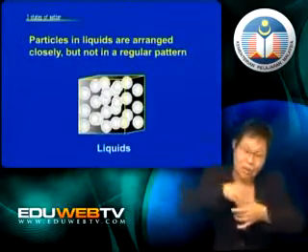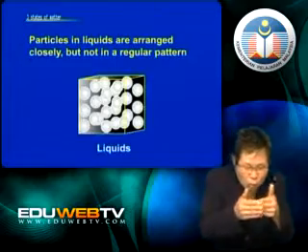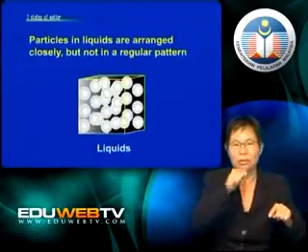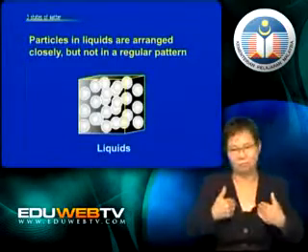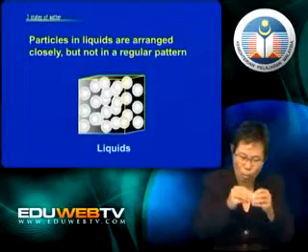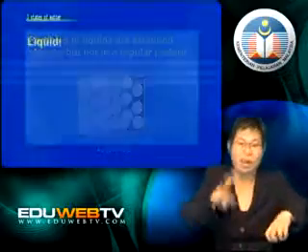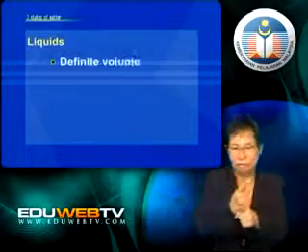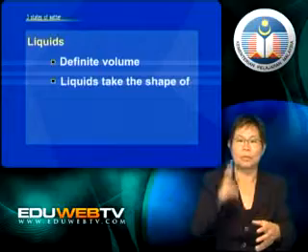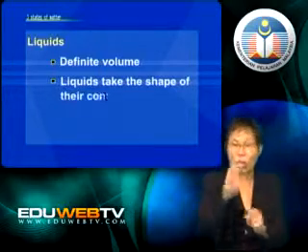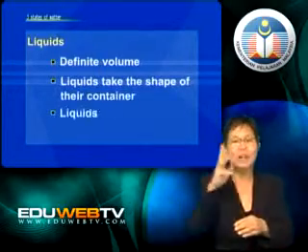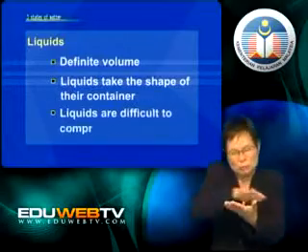Particles in liquids are arranged closely but not in a regular pattern. There is more space between the particles. Liquids have definite volume. Liquids take the shape of their container, and liquids are difficult to compress.